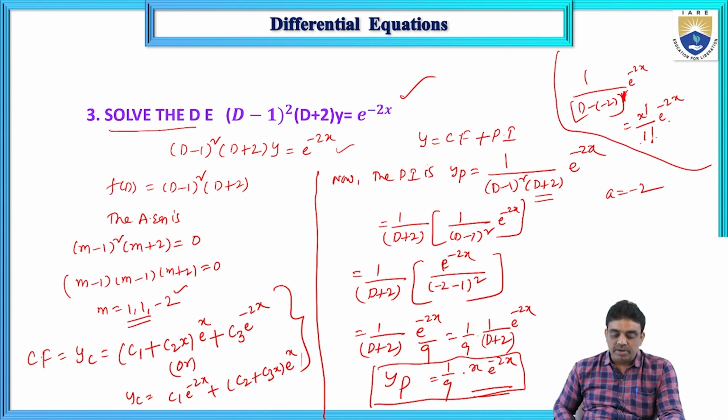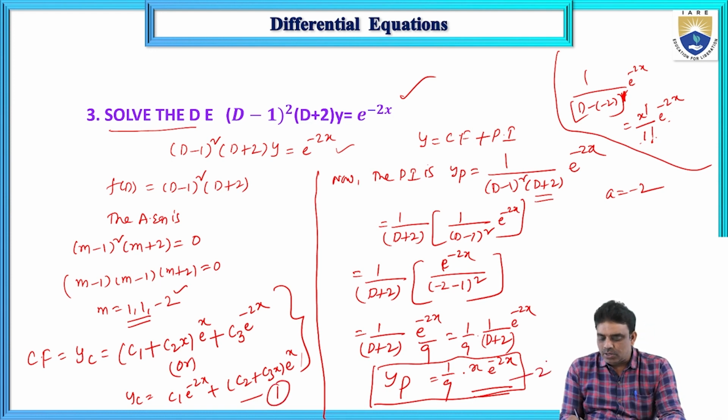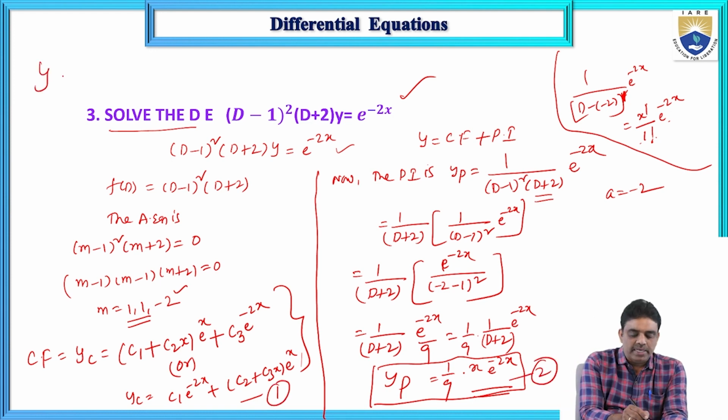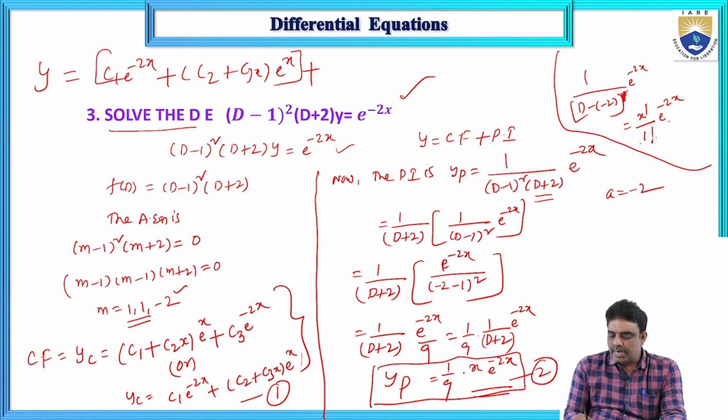Now the solution will be the sum of the two values. This is complementary function 1 and particular integral 2. The solution will be y is equal to the complementary function, c1 e power minus 2x plus (c2 plus c3 x) e power x, this is all complementary function, and here 1 by 9 x e power minus 2x.